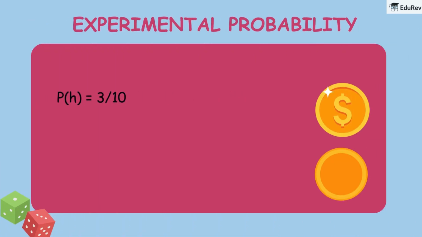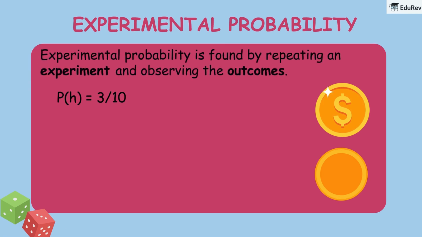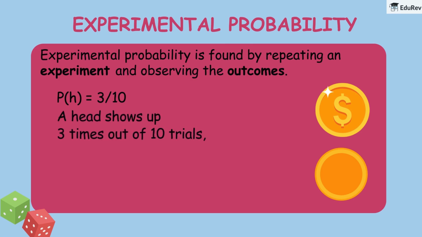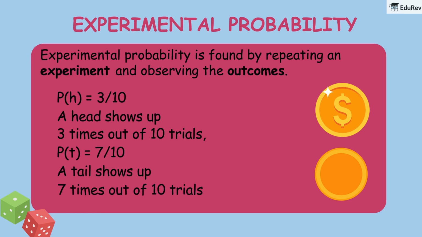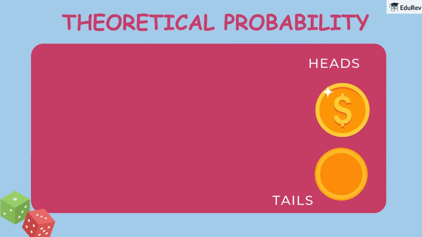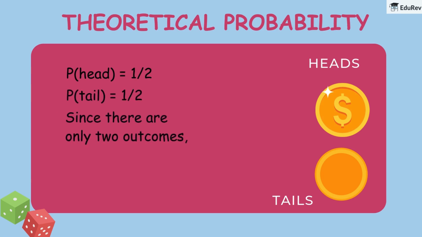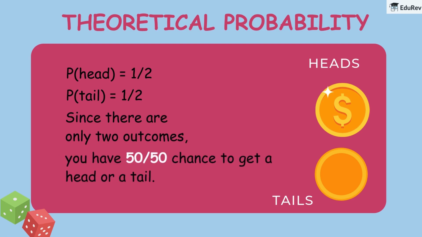For example, in an experiment where we flip a coin, we might find that P of head equals 3 by 10, as a head shows up 3 times out of 10 trials, while P of tail equals 7 by 10, since a tail shows up 7 times out of 10 trials. When we look at theoretical probability, P of head equals 1 by 2 and P of tail equals 1 by 2, since there are only 2 outcomes. Thus, you have a 50 to 50 chance to get a head or a tail.